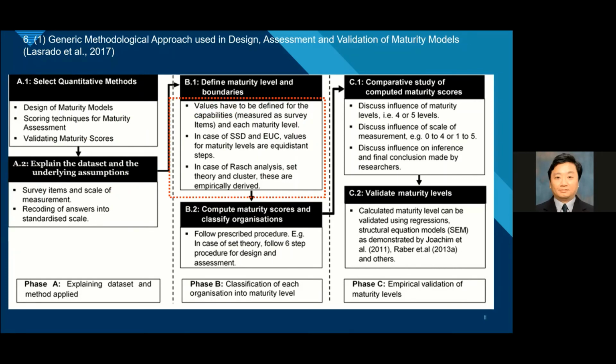In the case of statistical square distance and Euclidean distance, values for maturity levels are equidistant steps. In the case of Rasch analysis, set theory, and cluster, these are empirically derived. And then compute maturity scores and classify organizations into the maturity levels. Then perform a comparative study of computed maturity scores. Finally, calculated maturity levels can be validated using regression and structural equation models.